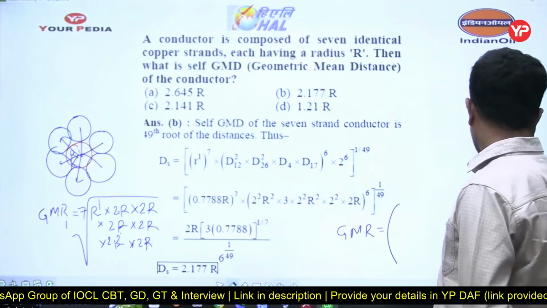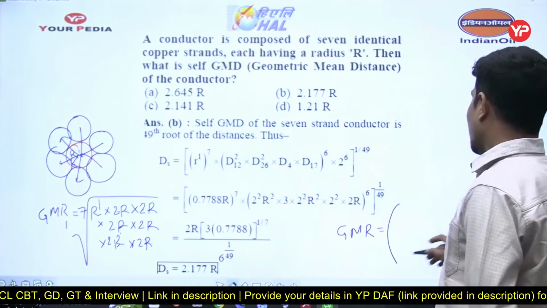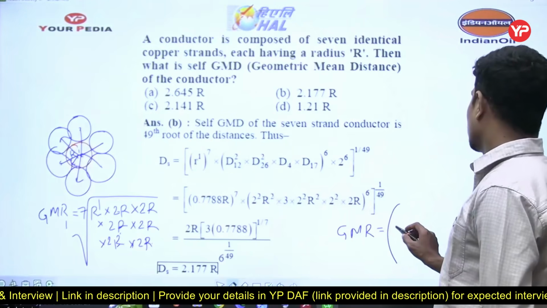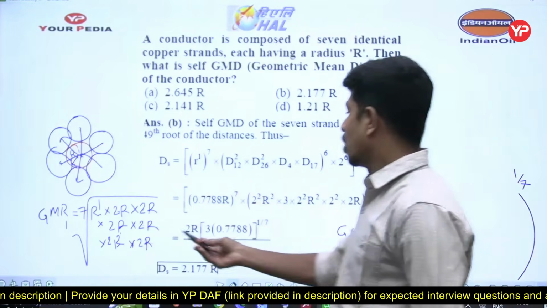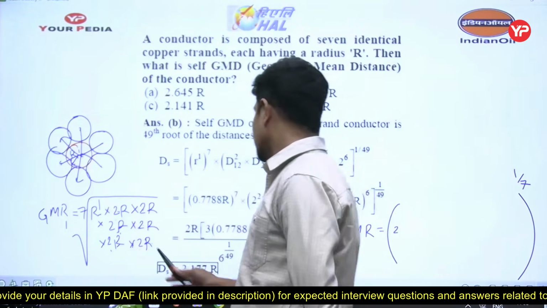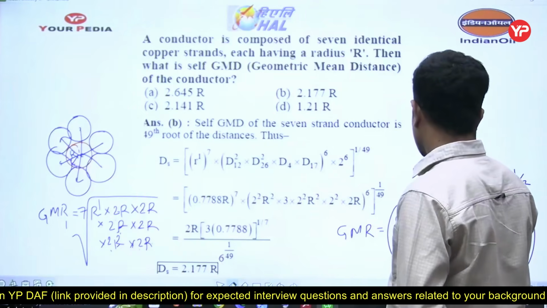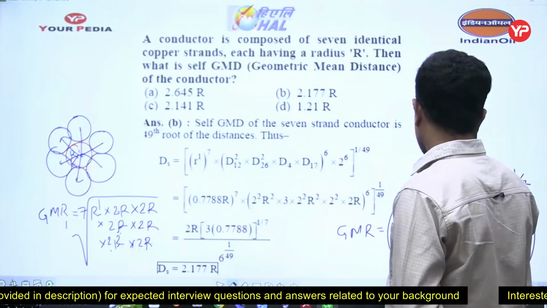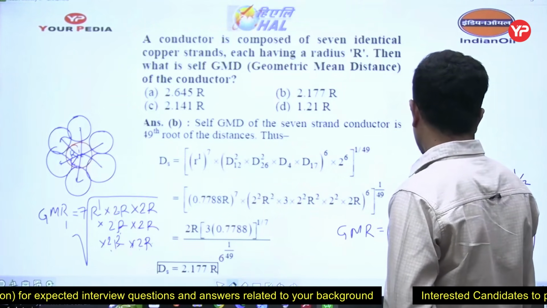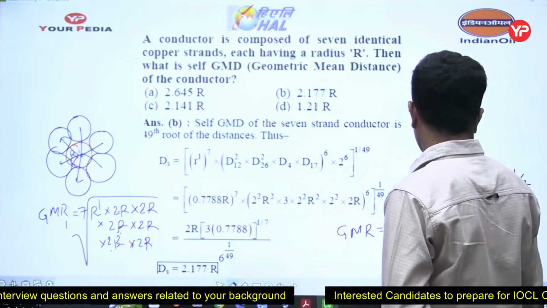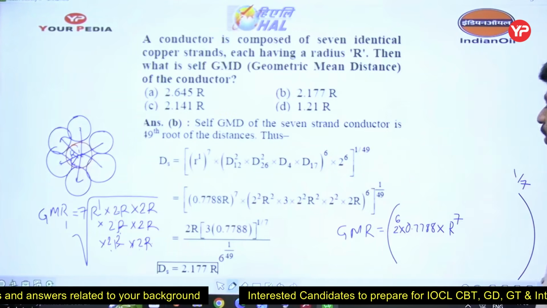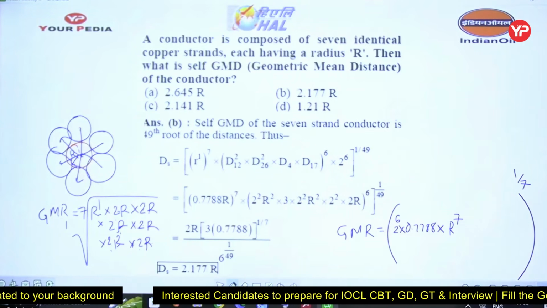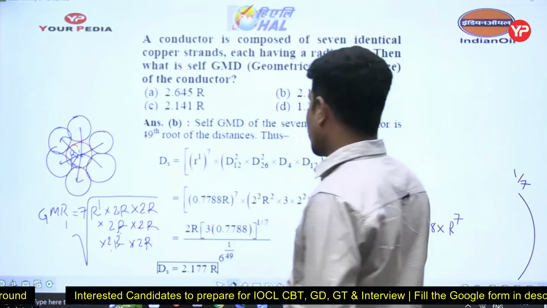R dash means 0.7788 R, and 2 power 6, into 0.7788 into R power 7. You calculate this, you will get 0.88.